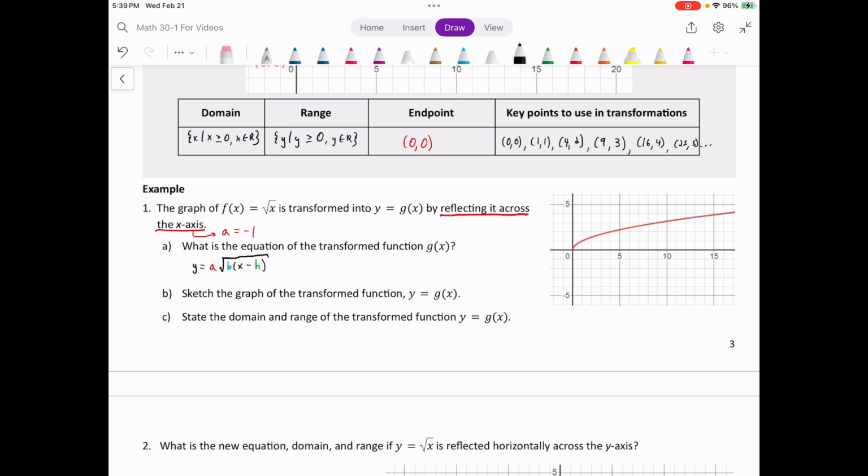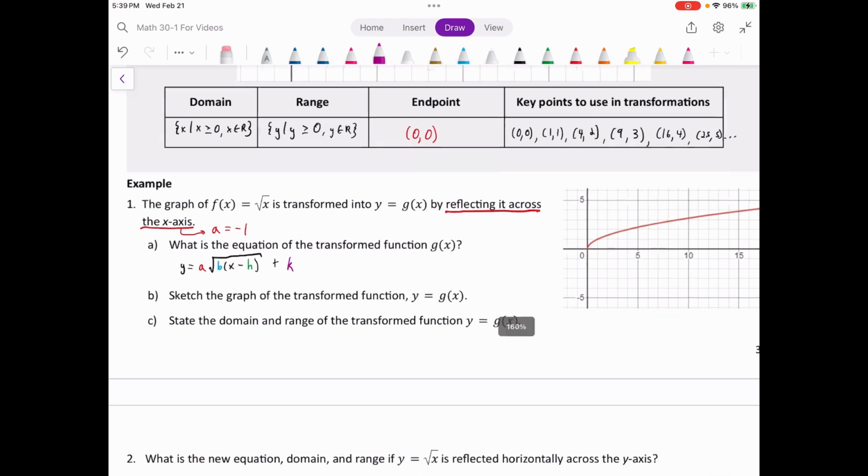In this case, they didn't say anything about horizontal translations or horizontal stretches or vertical translations. They just said it was reflected across the x-axis. So h must just be 0. We're not translating it. Same goes for k. And then b must just be 1. We're not multiplying the x's by anything that's going to change them. No horizontal stretch, no horizontal reflection.